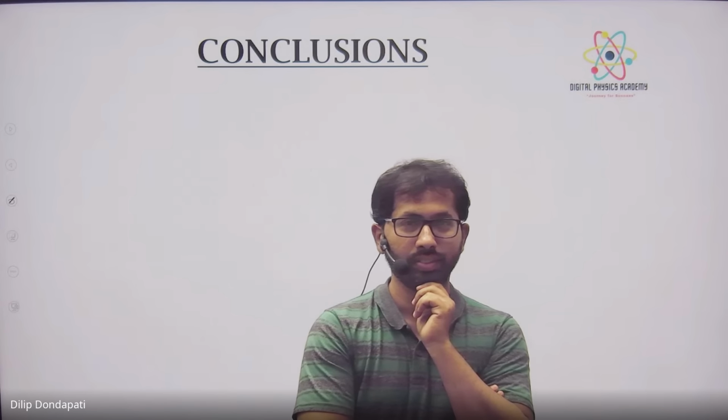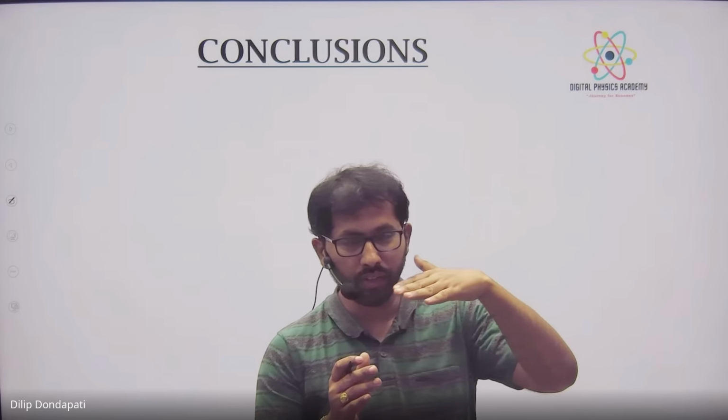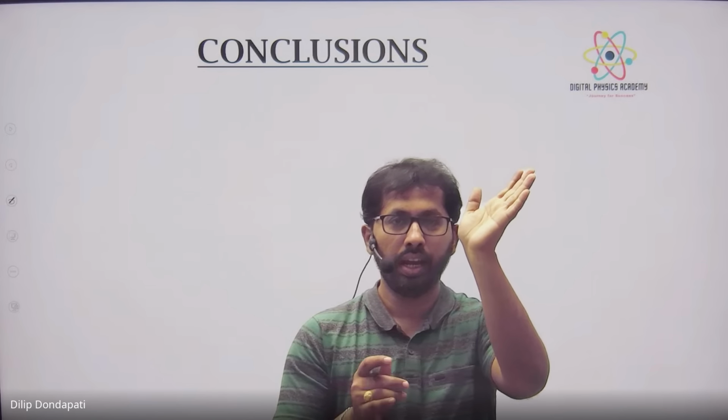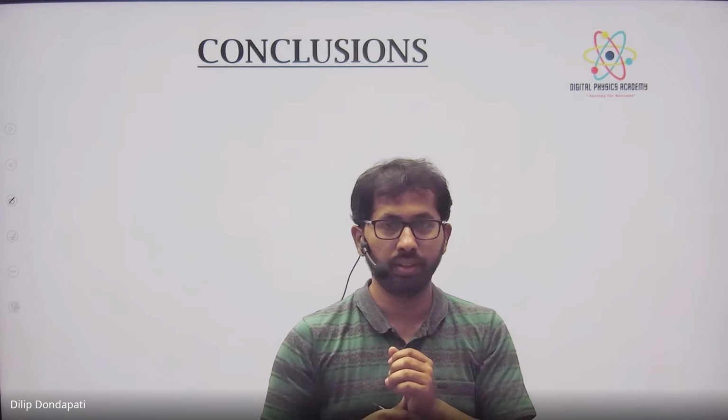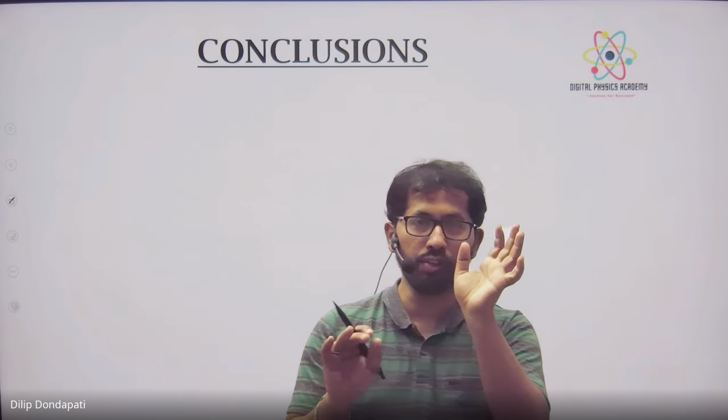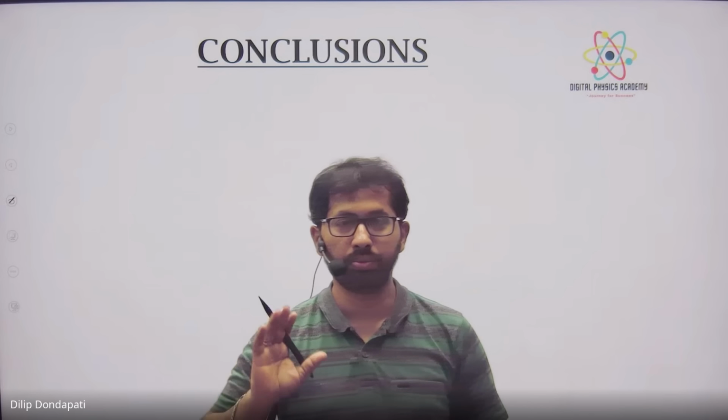It's a point on the principal axis where rays parallel to the principal axis, after reflection, diverge and appear to pass through a point F. That point is called the principal focus.